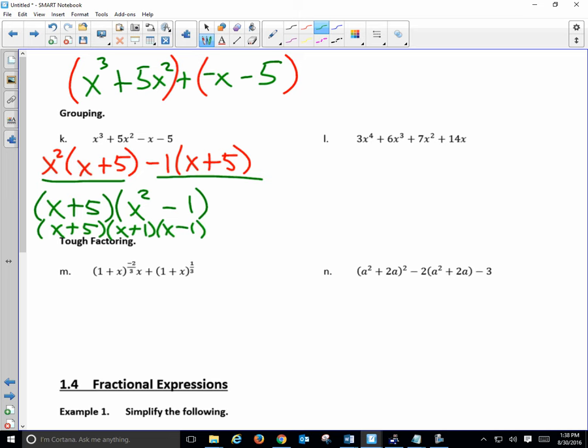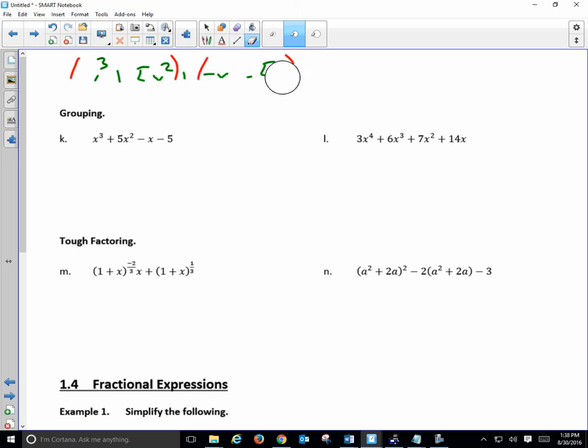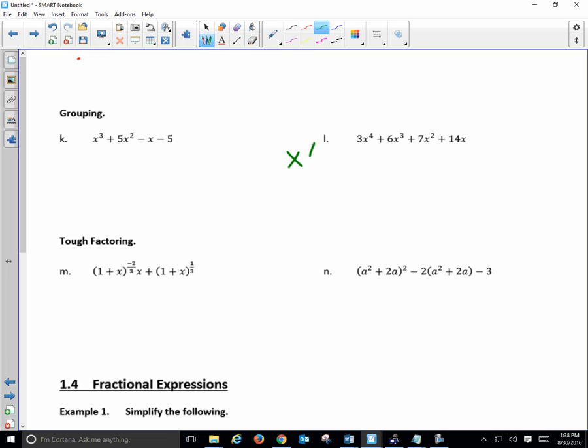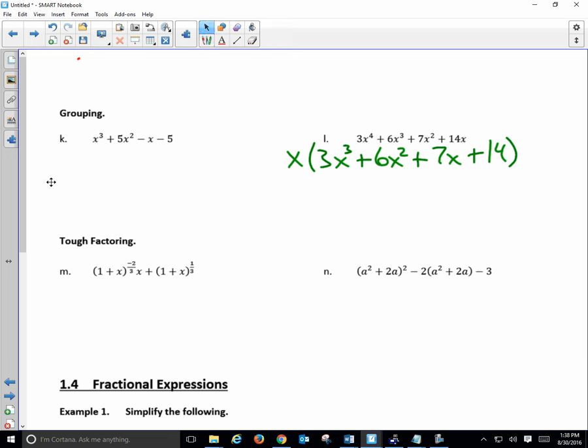How about the very last one here, L? What do I do first? I always start by taking out your greatest common factor. I take out an x. I'm left with 4 terms. So it's not a trinomial. It's not going to work super nicely like that. So I need to group together some terms. What can I take out of the first set?